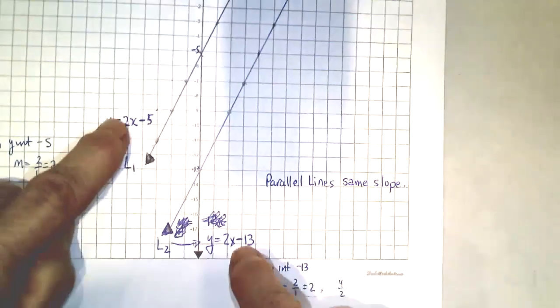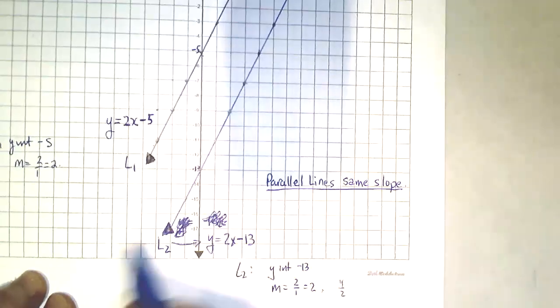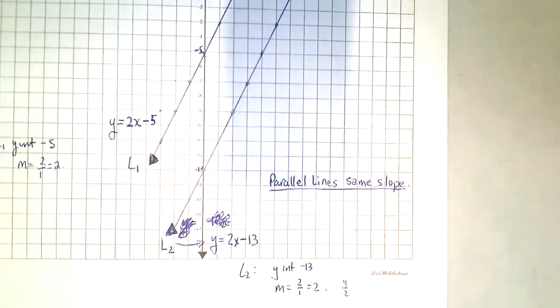It doesn't mean the equations are the same. Of course the equations are different because the lines are different. But the part that is the same is the slope. Okay? This is a fact. You have to learn it, you have to know it, you have to understand it, because it's going to come up a lot in future.